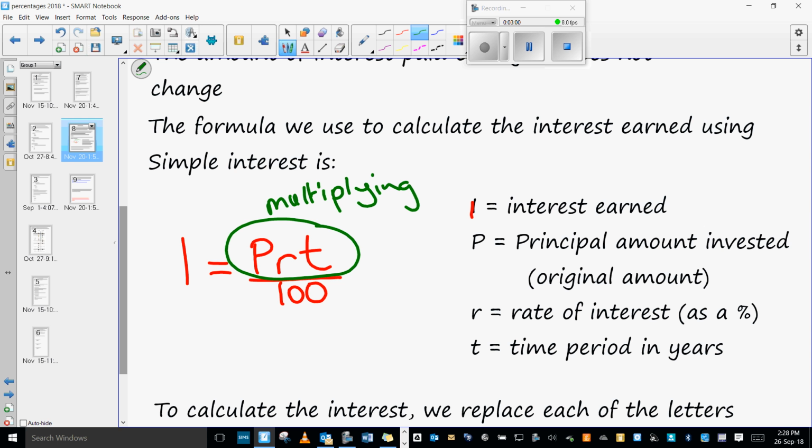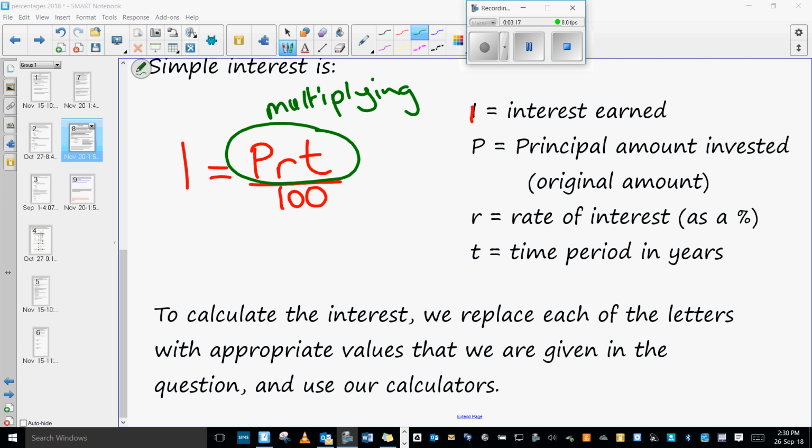So the interest that we earn is equal to the principal amount invested multiplied by the rate as a percentage multiplied by the time in years, all divided by 100. Alright, so just to be clear, to calculate the interest, we replace each of the letters with the appropriate values and use our calculator.